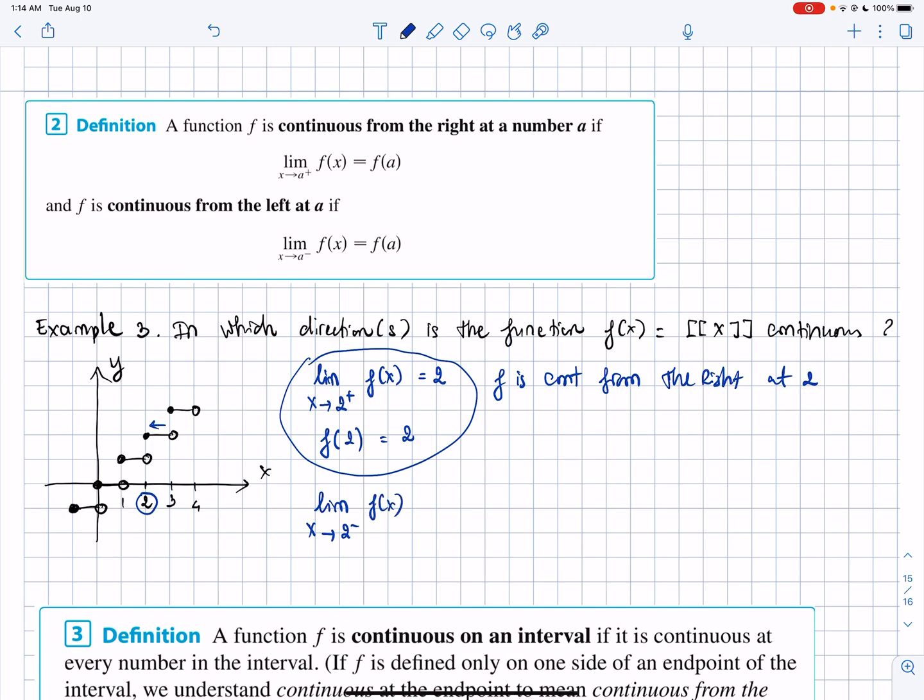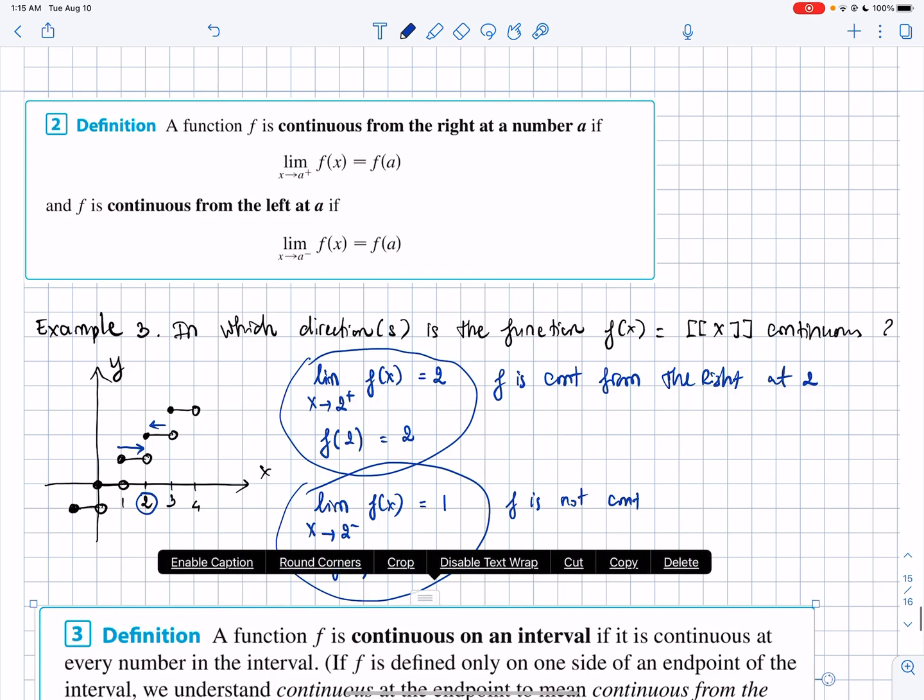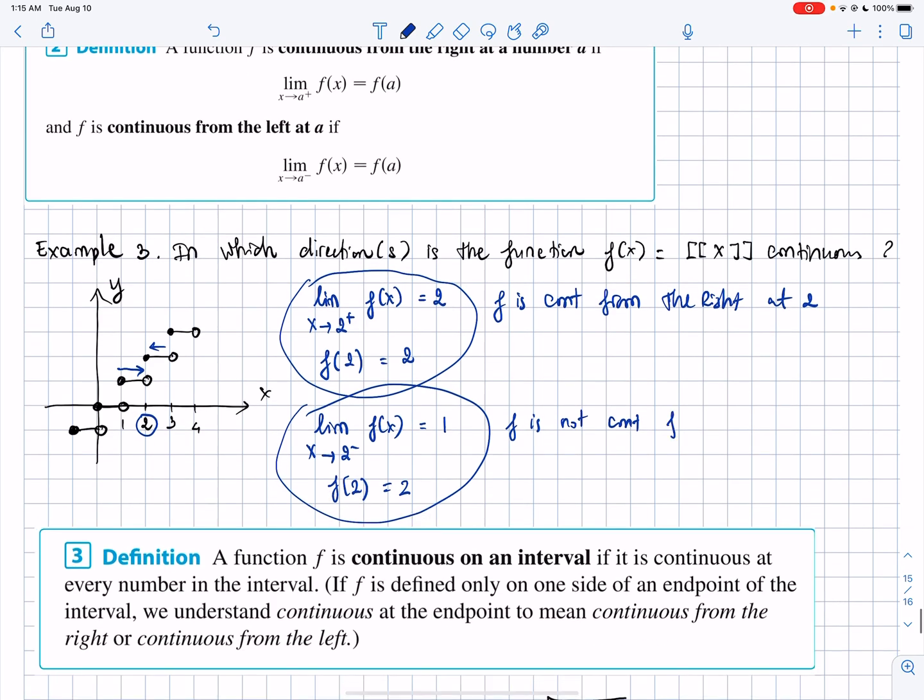When we go from the left side of 2, we get the limit is 1, but f of 2 is 2. So from this, we can say that f is not continuous from the left at 2.